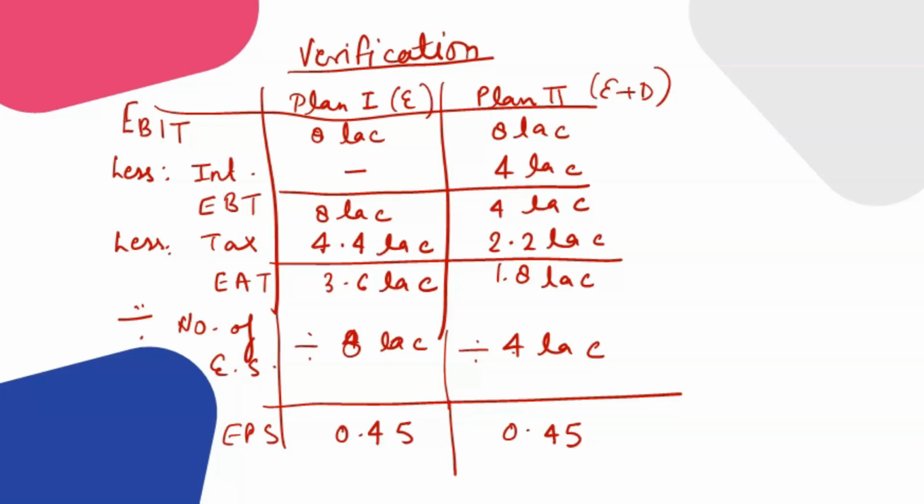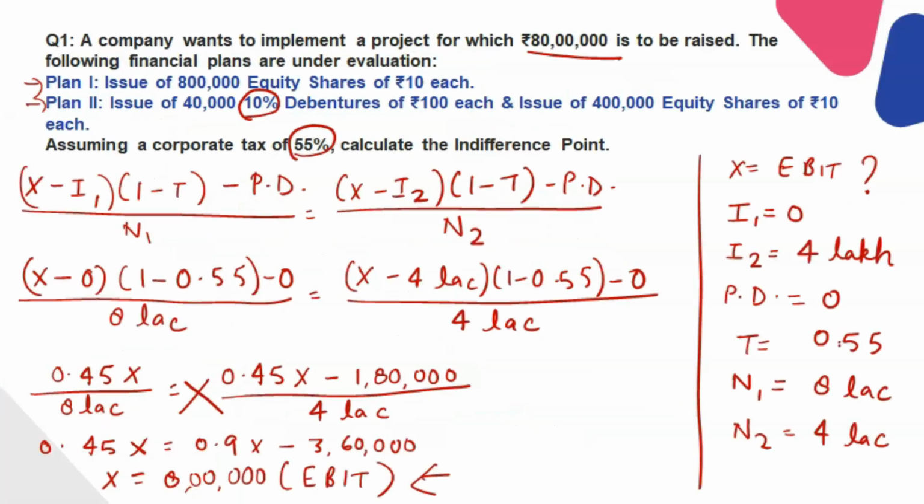In this type of question we have to verify whether EPS is the same or not. We have to find out what EBIT we should take so that EPS will remain the same in all the alternatives. So I hope it is clear to you. This was the question.